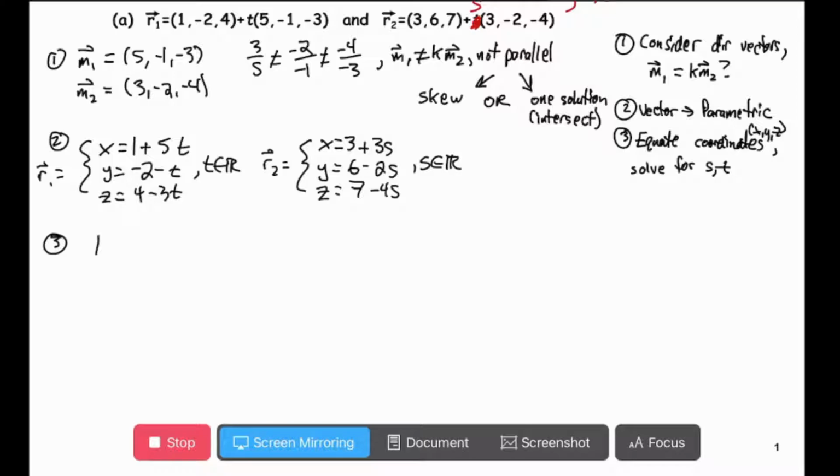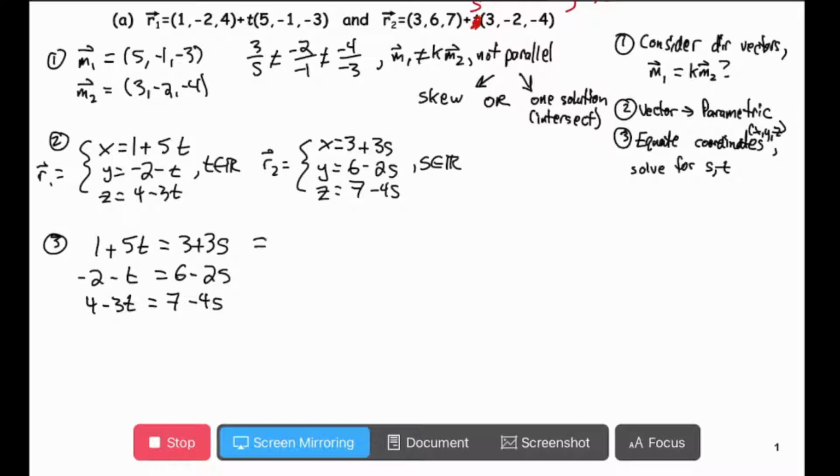So we're going to have 1 plus 5t equals 3 plus 3s. The y's should be equal, so -2 minus t equals 6 minus 2s. And the z component, 4 minus 3t equals 7 minus 4s.